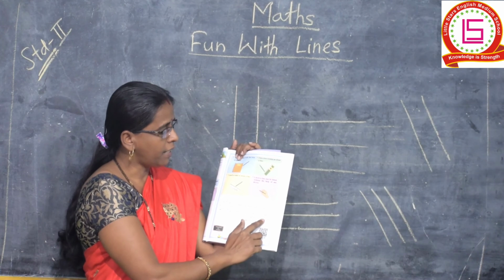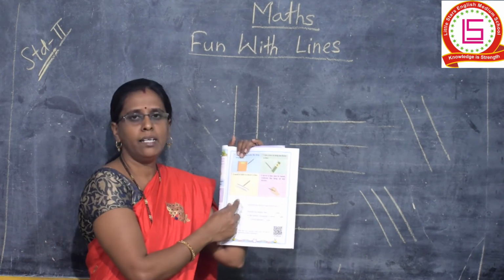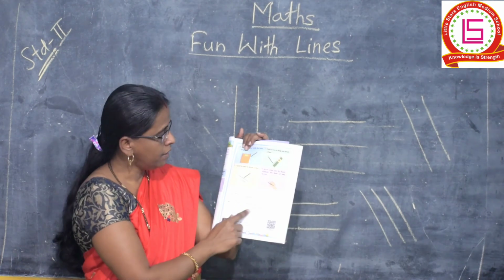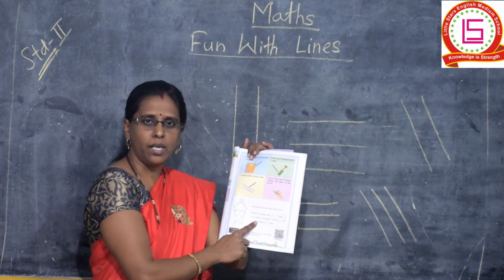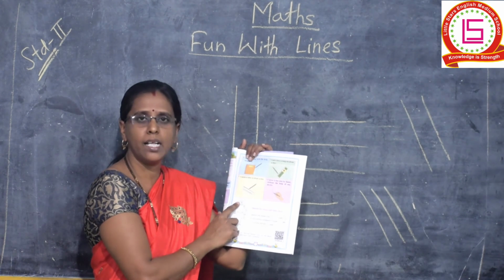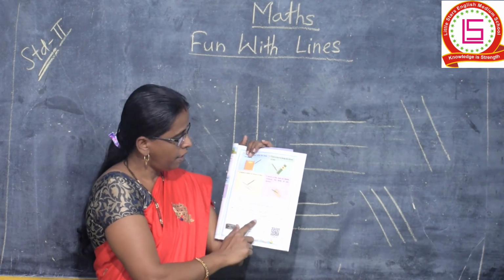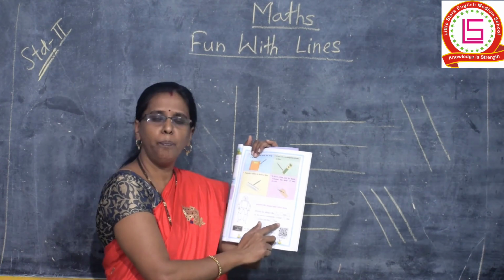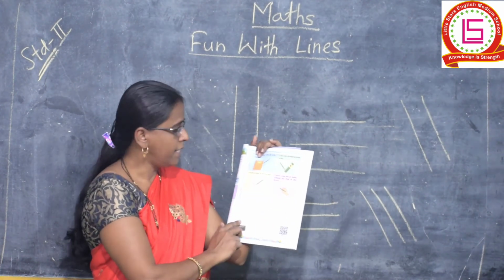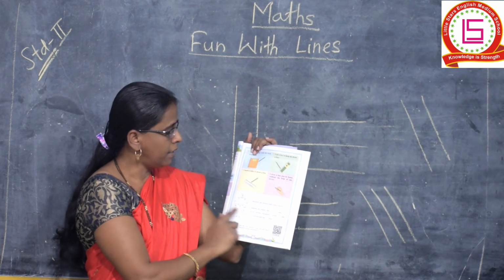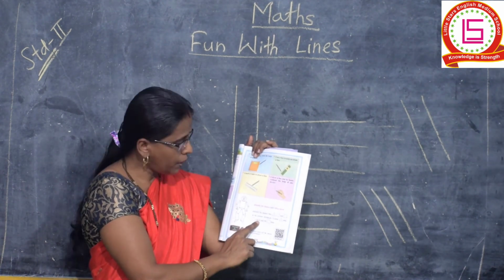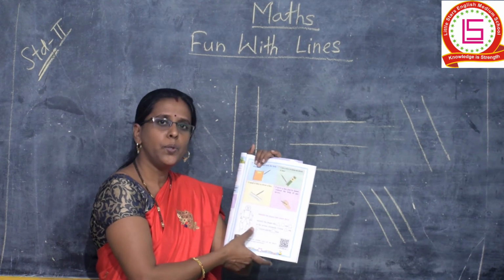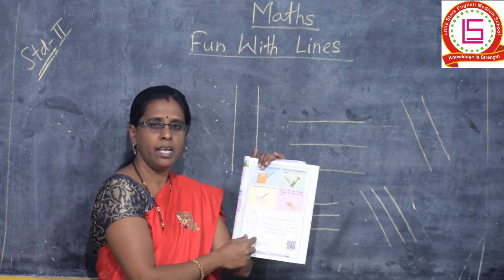Color the triangle red, the circle yellow, and the rectangle or square blue. So the triangle is red in color, the circle is yellow in color, and the rectangle or square is blue in color. You color this picture at home.